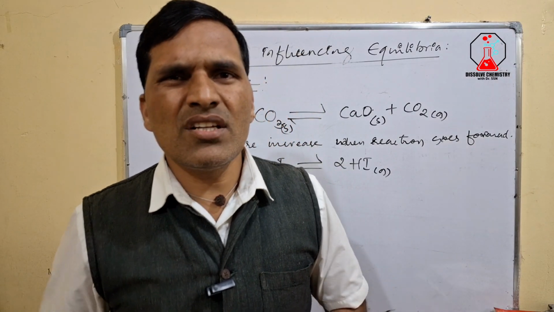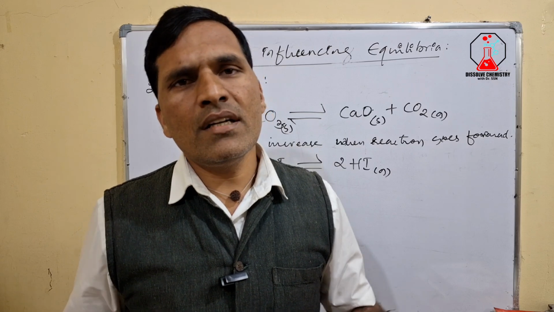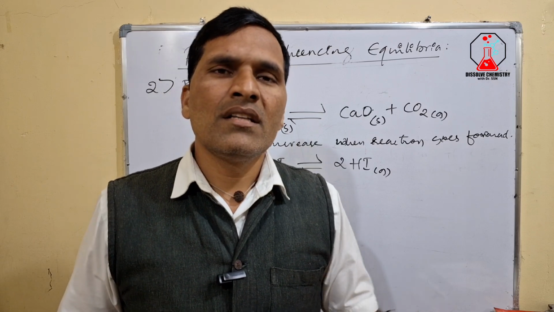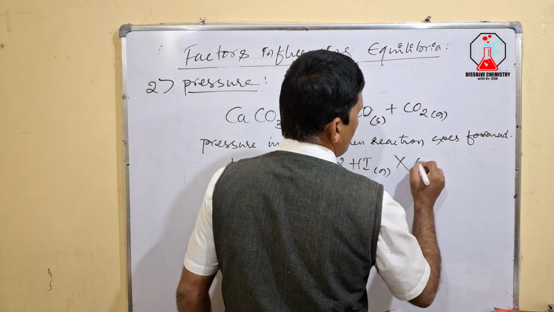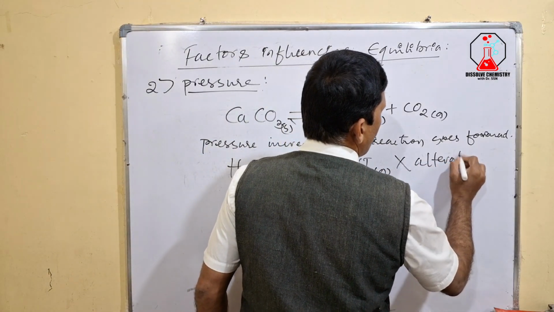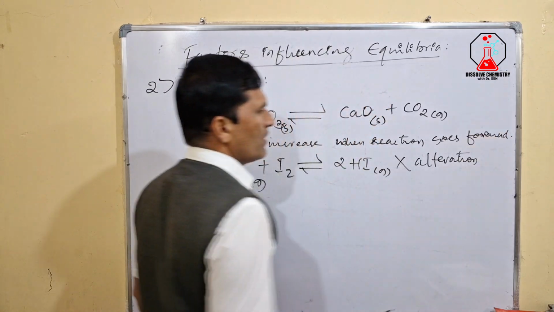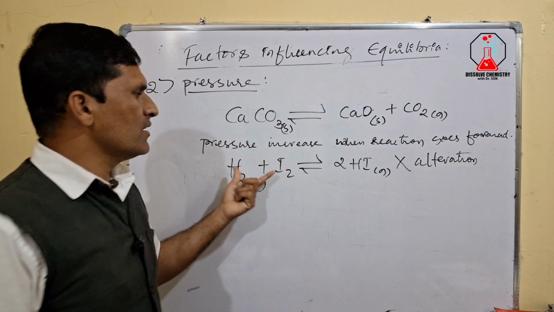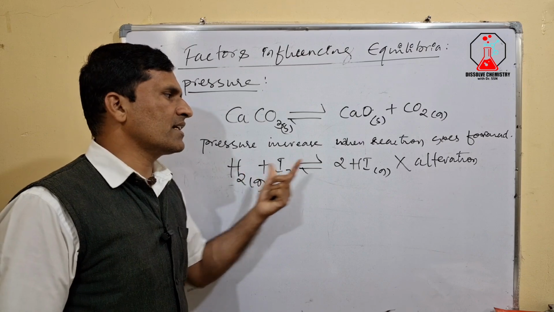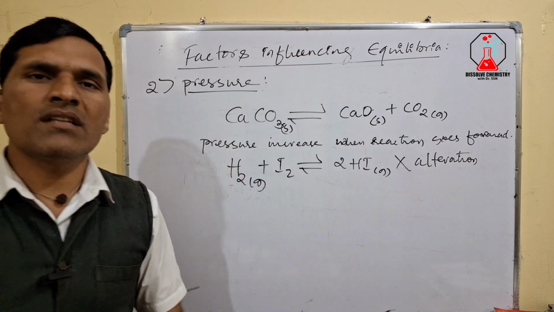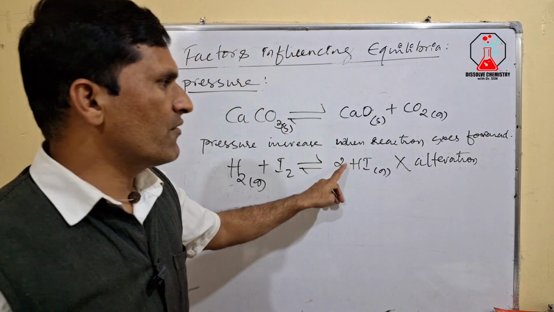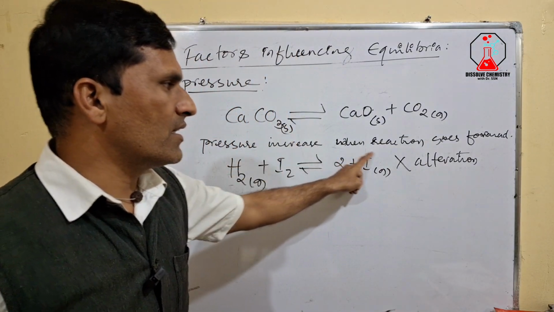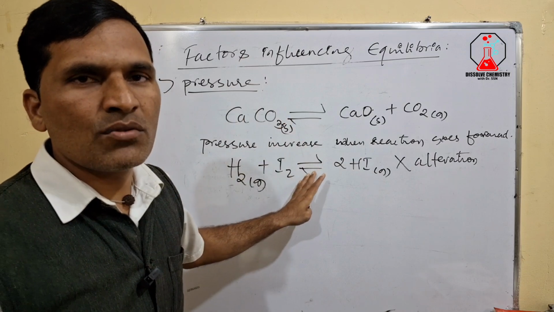When there is no net change in the pressure, if you alter the pressure, there is no impact on this equilibrium. Alteration of pressure will not affect the equilibrium when the number of moles of gaseous reactants and gaseous products are the same at equilibrium. So pressure cannot act as a factor to alter the equilibrium.